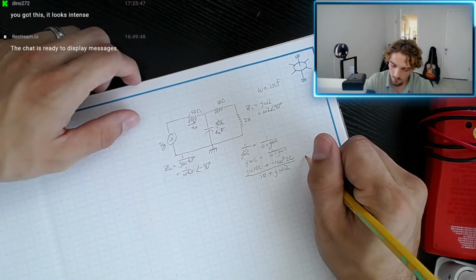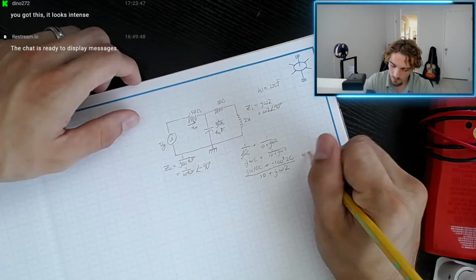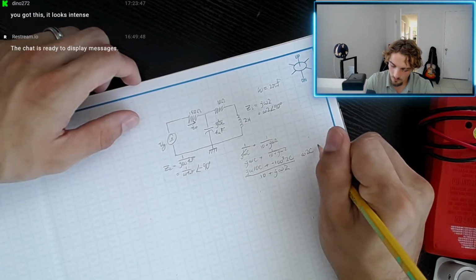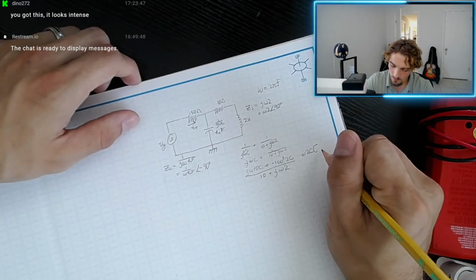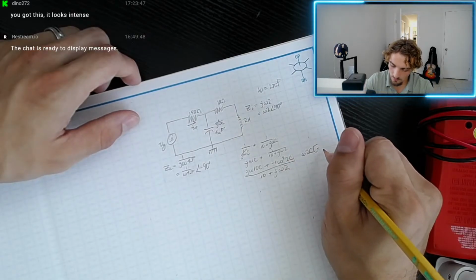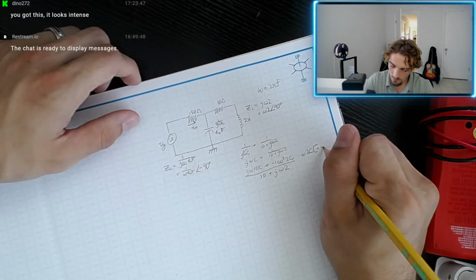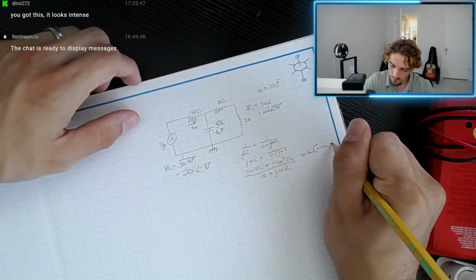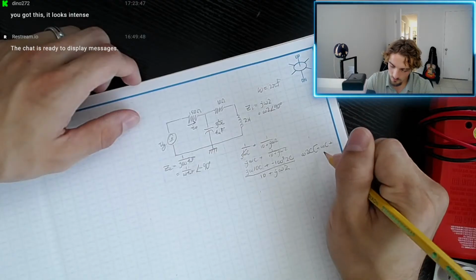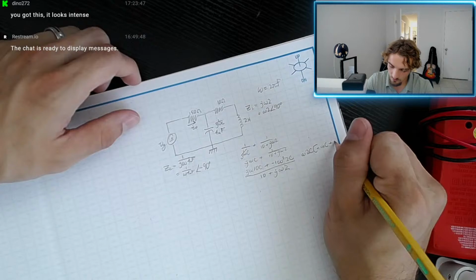Omega 2c leaves negative omega c plus j 5c, no, j5.